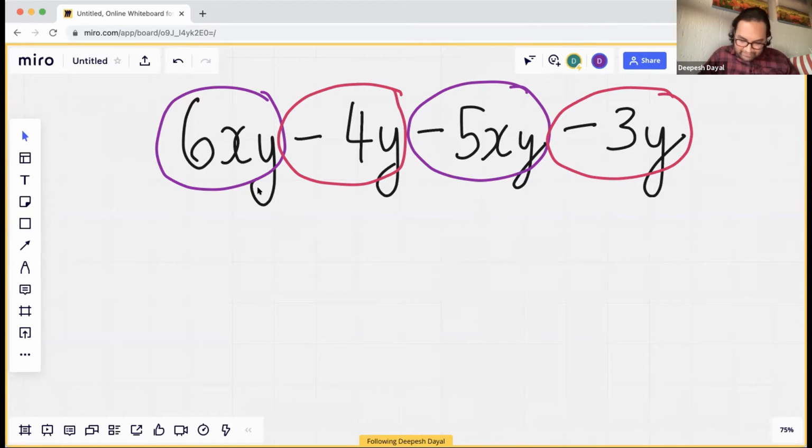So 6 minus 5 gives us 1xy. Minus 4y minus 3y. What does that give us? Remember, minus is before 0, right? So you've got minus 4 and then you minus 3 again.